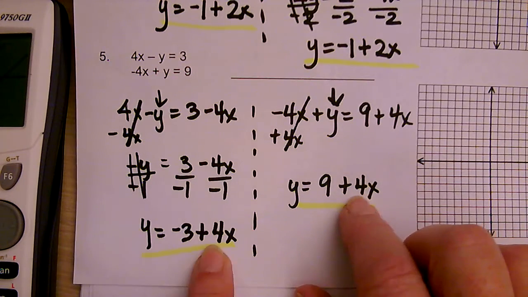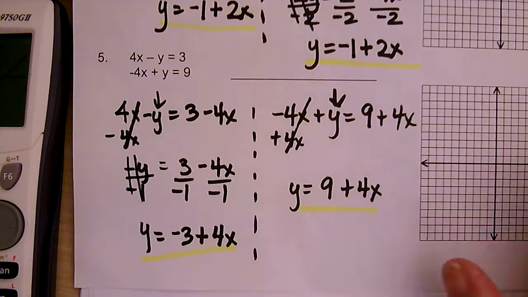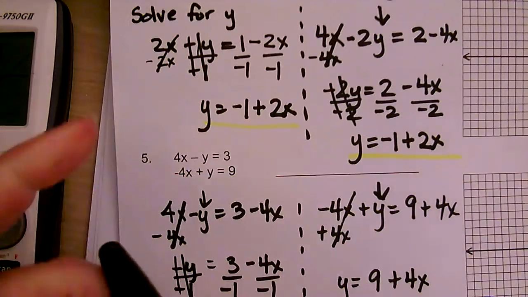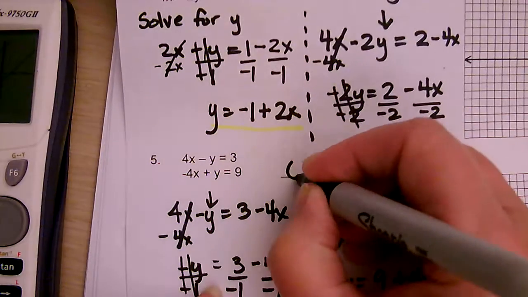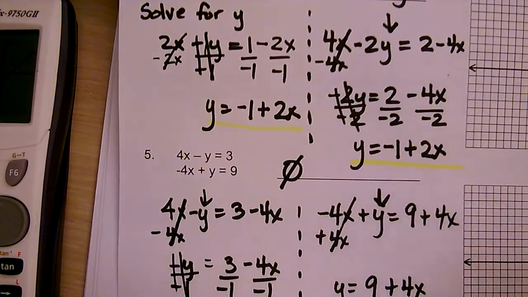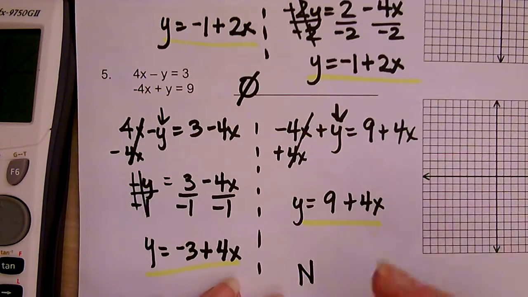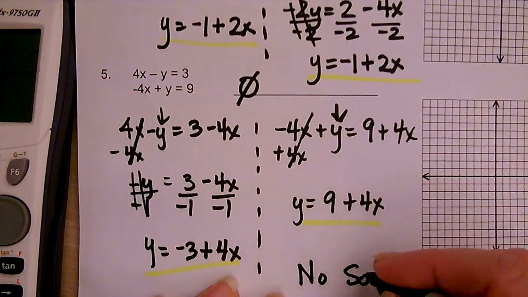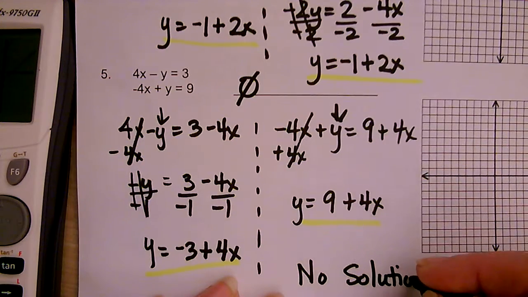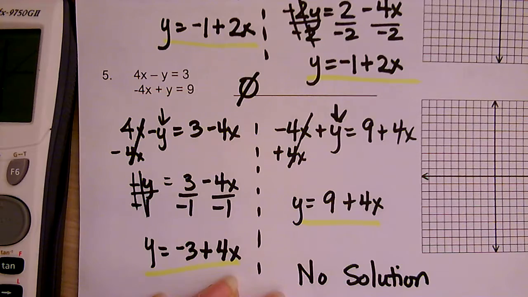So I could have figured that out without graphing, but either way, what we have here is no solution. You can, of course, write the words no solution, if you'd rather do that. But this is the symbol that means no solution also.